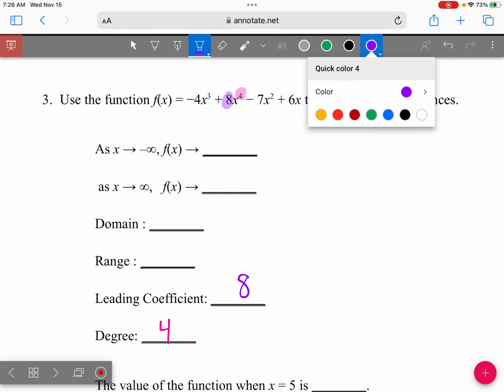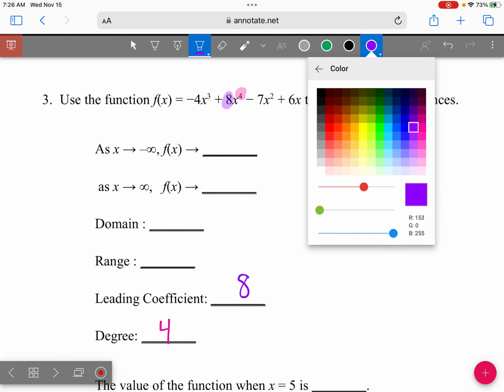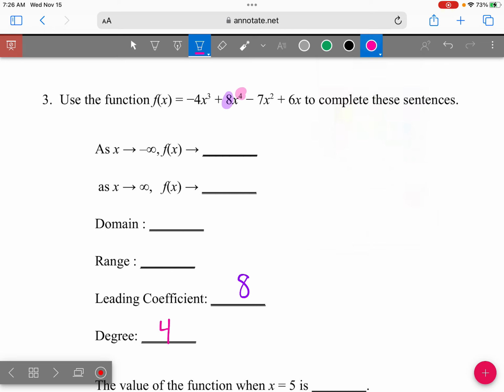So if it is a positive even, because this one is positive and this one is even, it's going to be vaguely parabolic. It's going to have the same end behavior as the smiley face parabola.